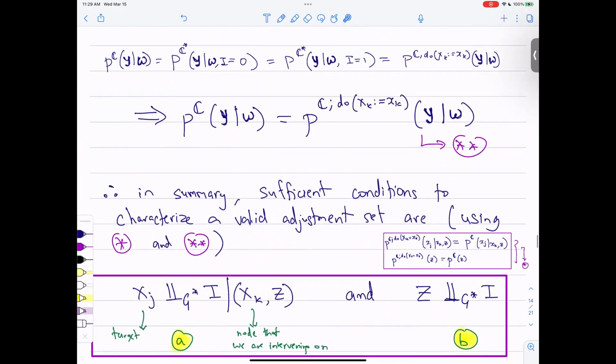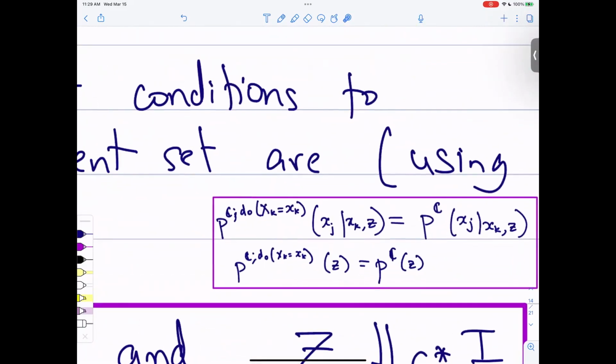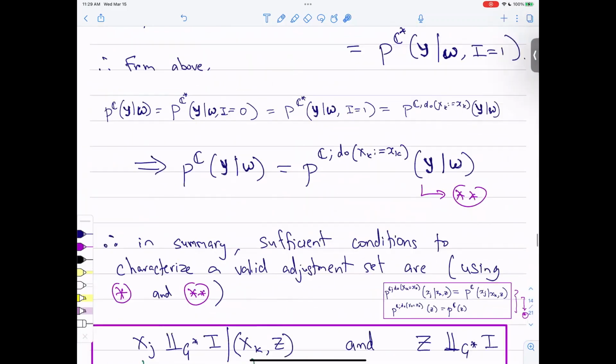So now, what did we want? We wanted two properties for our valid adjustment. In the new world and the old world, Xj given Xk and Z should be the same, and the marginal of Z should be the same. So what does that mean here?